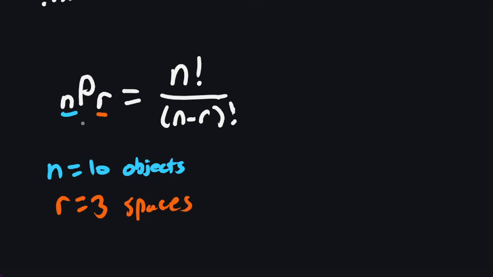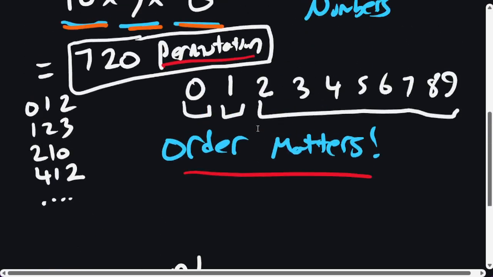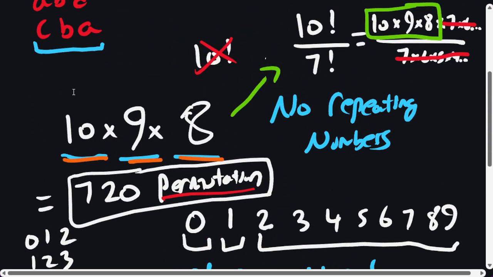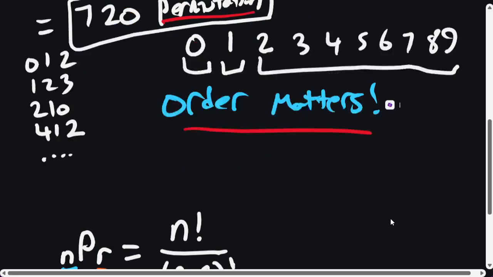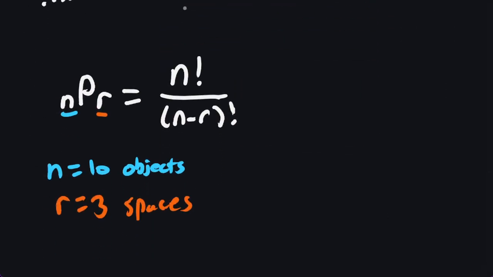So if we want to represent how many permutations there are in this example with the combination locks, n is 10, r is 3, this would simply be 10 permute 3.